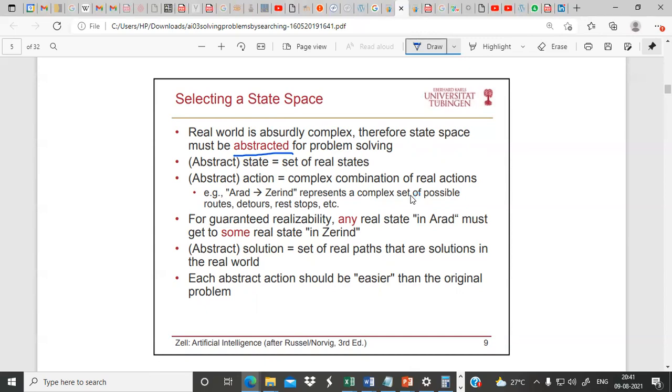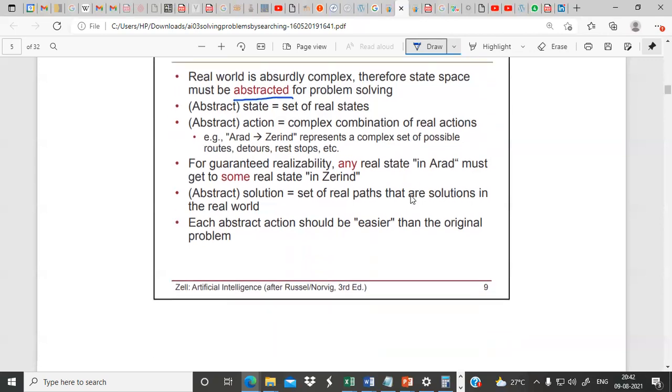But we are not getting into all those details. We are only representing the problem as a mathematical model for providing a solution. So that is called abstraction. The real world complexities we are not bringing into the picture, because if we do, then the problem definition will become more complex. So that's what it talks about.